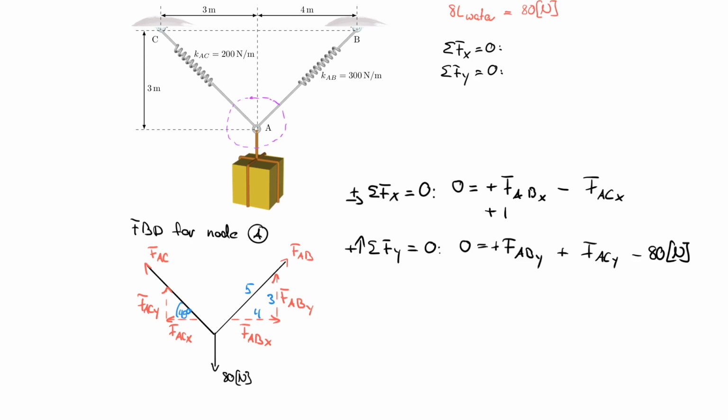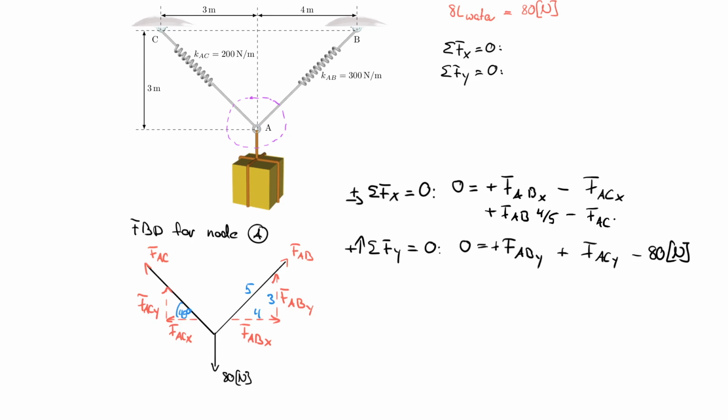Plus FAB divided by 5 and multiplied by 4, since this is the x direction, so 4 over 5, minus FAC times the cosine of 45. It's a 45-degree angle, so you could also divide by the square root of 2, but let's use the sine and cosine.